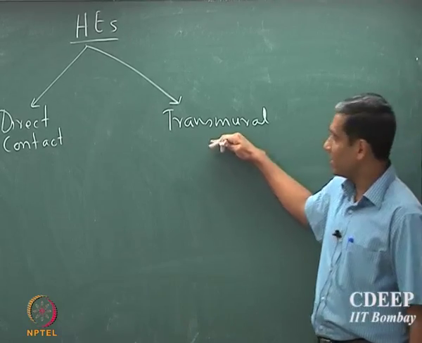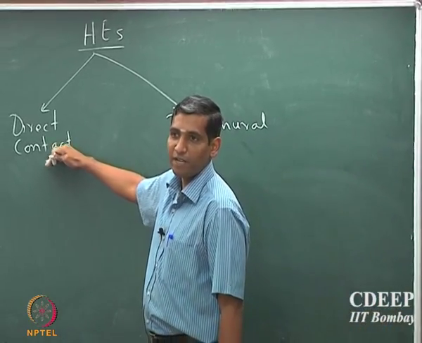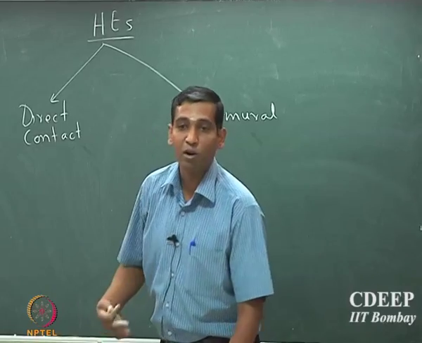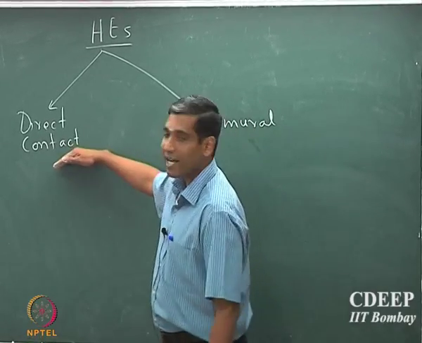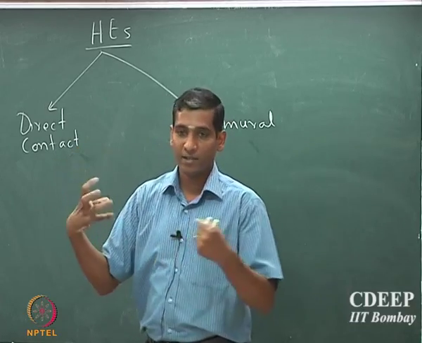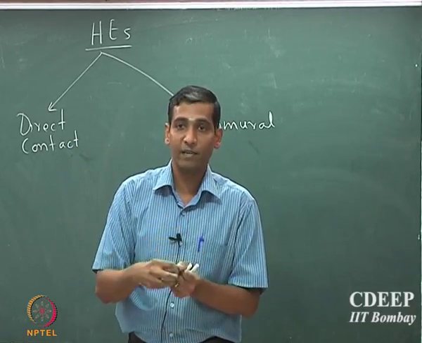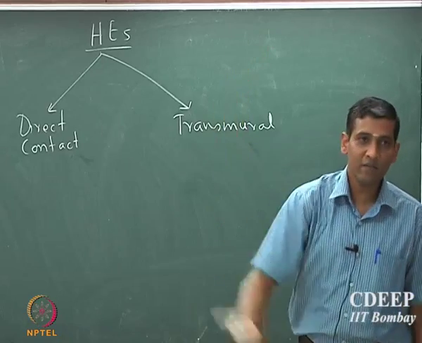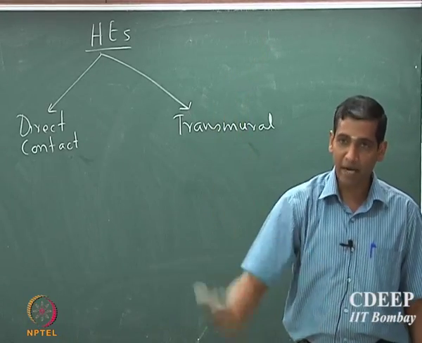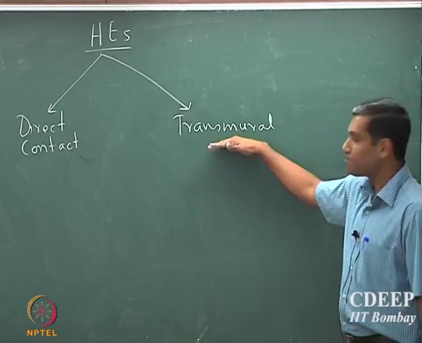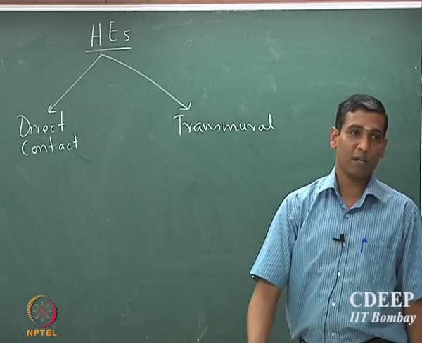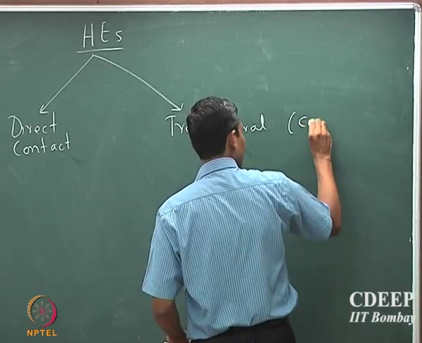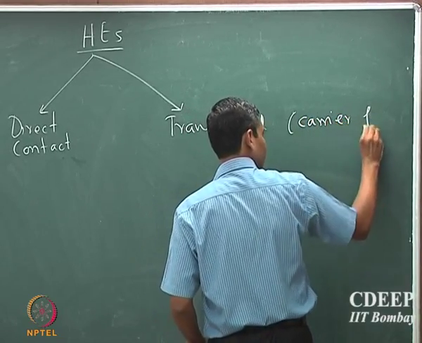In direct contact heat exchangers, which we briefly alluded to in the last lecture in the case of direct contact condensation, the fluid is in contact with the other fluid directly. Transmural is where you have a solid present inside, like a metal for example, and that metal acts as a carrier for heat transport. So, in transmural heat exchangers, you need a carrier for heat transport.